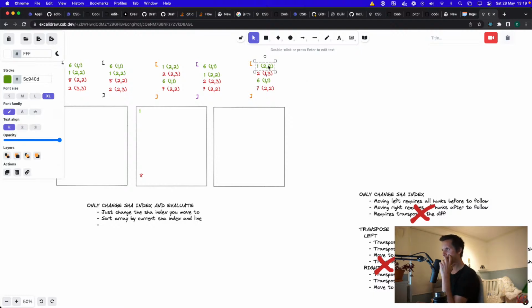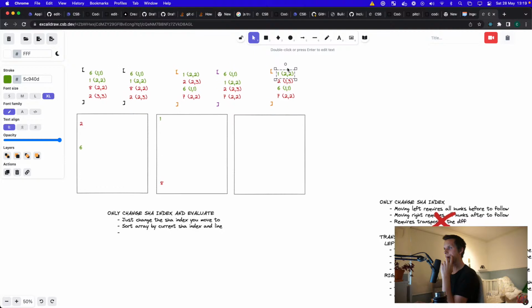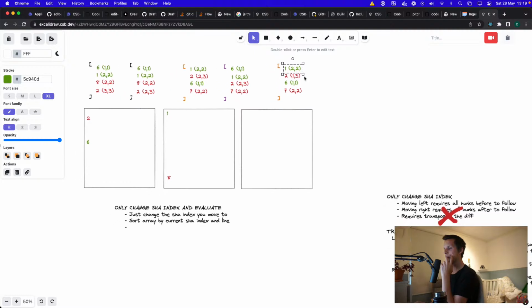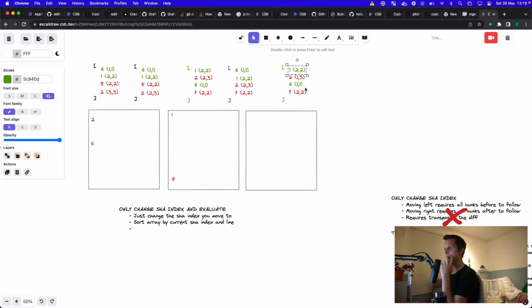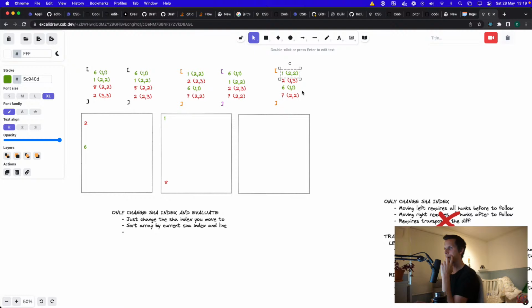And then we look at this one. Line 1 is on SHA-2. Does this help in any way?